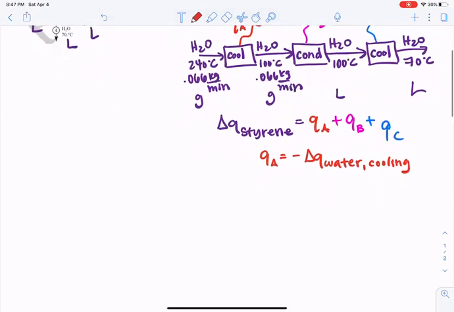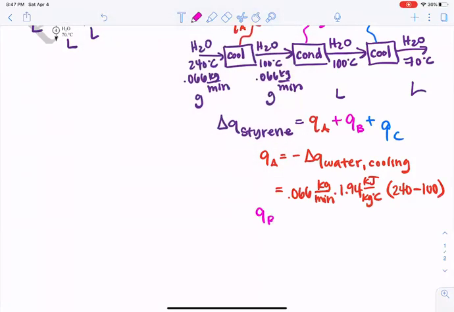And so that is going to be the mass flow rate, so 0.066 kilograms per minute, times the heat capacity, which is 1.94 kilojoules per kilogram degrees C, times 240 minus 100, or times sort of the negative of 100 minus 240.